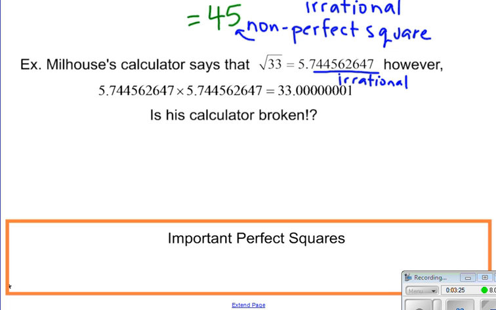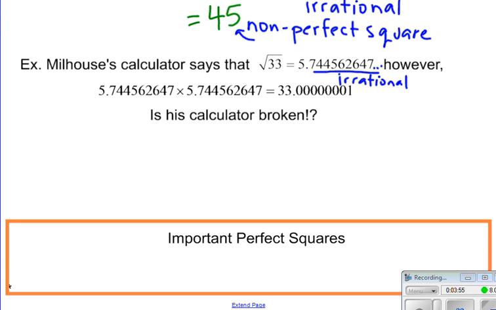Well, we know that perfect squares have whole number rational answers as their square roots. So 33, when we square root it, we get a number that is not a whole number. It is not a rational number. The decimal does not end or follow a repeating pattern. And so it is a best estimate. This decimal continues on, just like the last example. So it's only an estimate. It's almost been rounded.